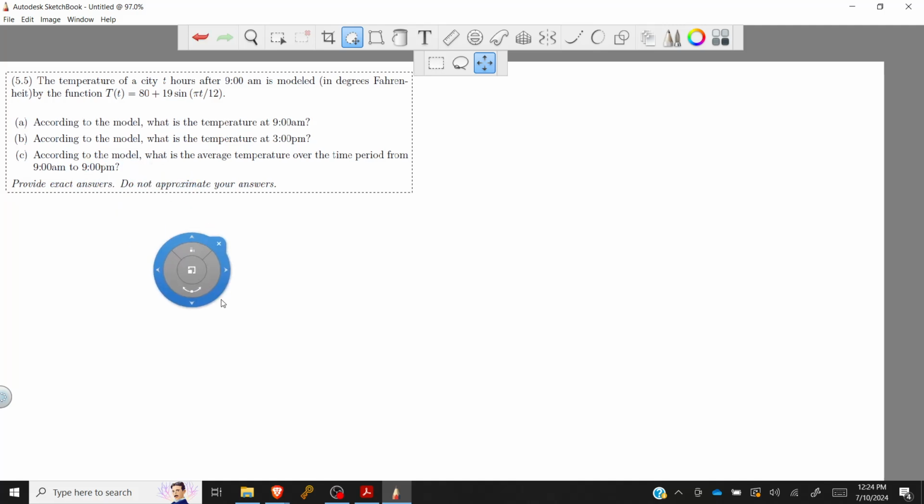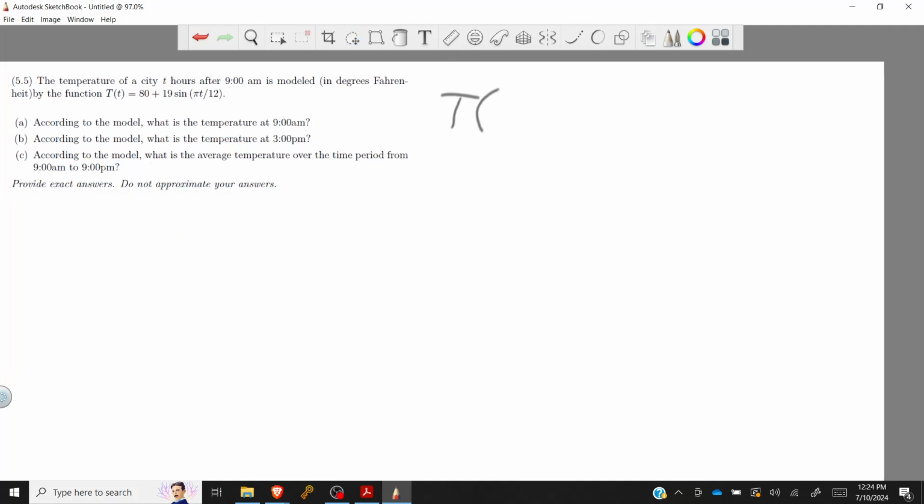So it looks like whatever we're going to do for A, where it was just T of 0 is equal to 80, we'll do T of 6 is equal to 99.